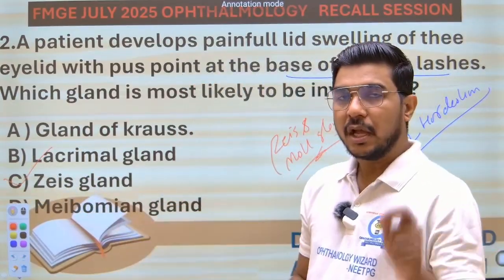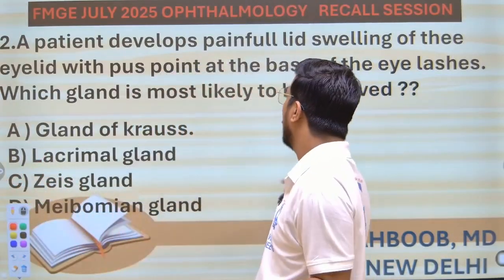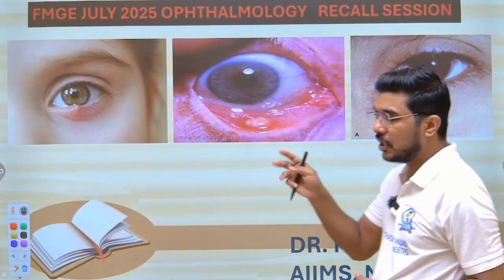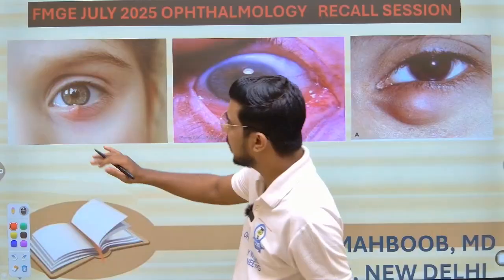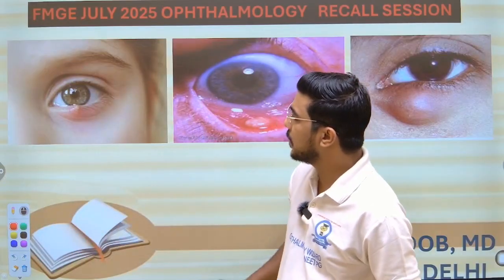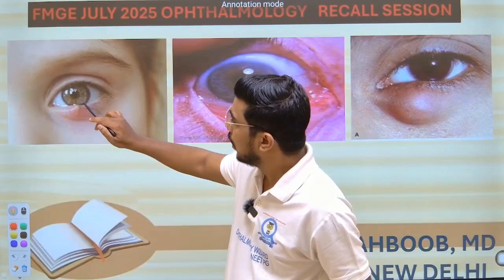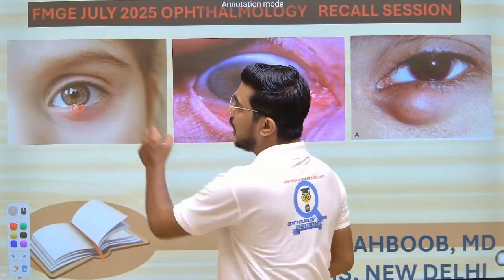Got it? Coming to the explanation of this, if you want me to explain all these things, I can show you these three pictures. These three pictures can explain everything. See, the first picture: there is a pus point here at the lid margin, with painful swelling.